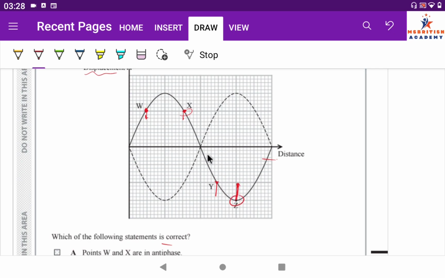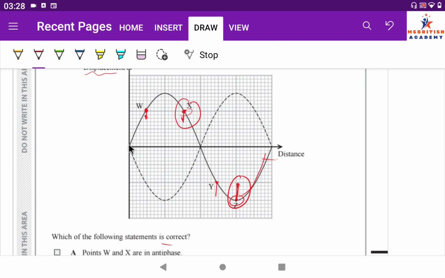So here you can say these two particles are in phase, these two particles are also in phase. So the only antiphase particles are X and Z, because here the particle wants to go downside, but here the particle wants to go up.